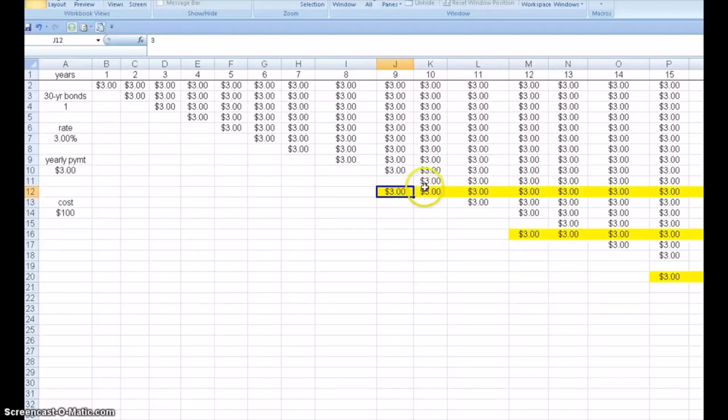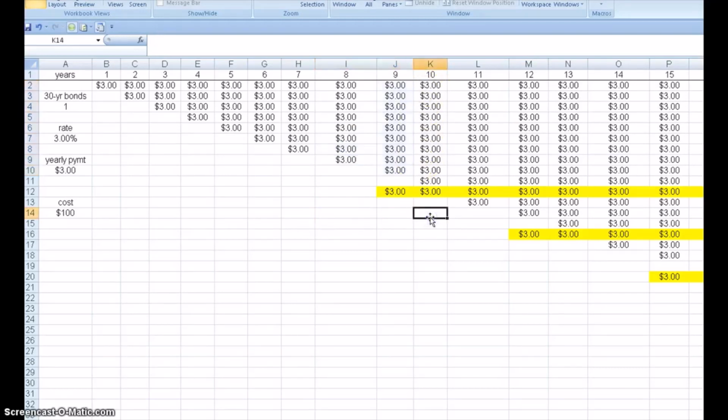Now in the 10th year, I don't buy a new one with the interest payments, because I haven't earned up another $100 in interest yet. In fact, at that point, I'm only at about $33 in interest payments.